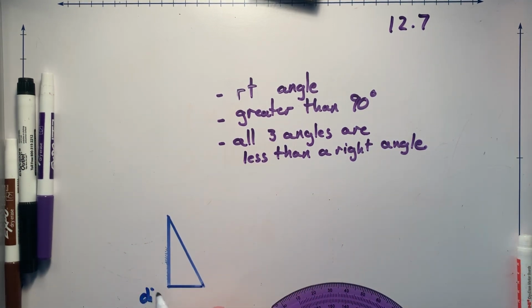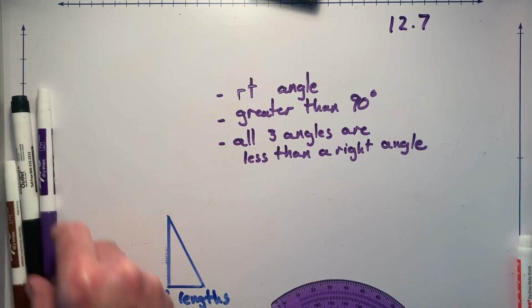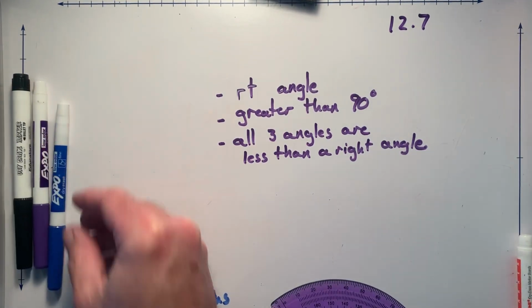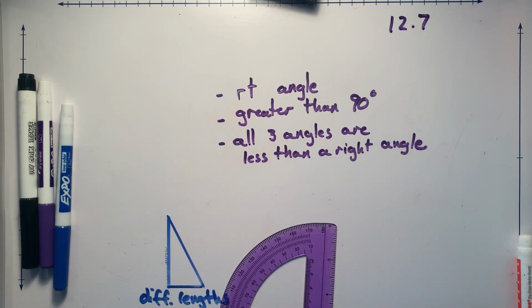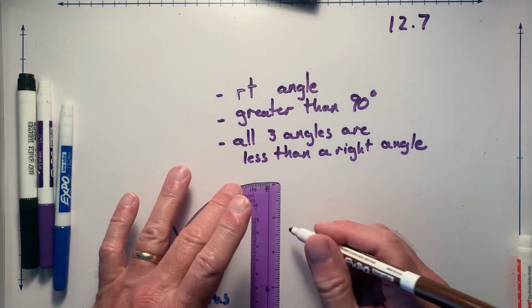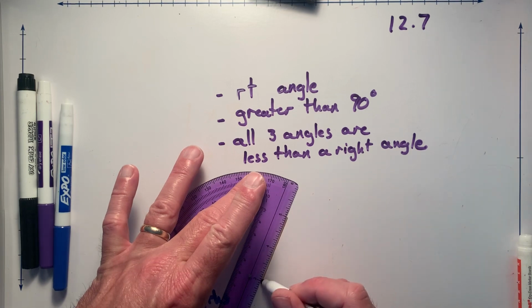So I'll put that down here. Different lengths. Okay. We also could have a triangle in which 2 sides are the same length. I am going to draw 2 inches, 1, 2.